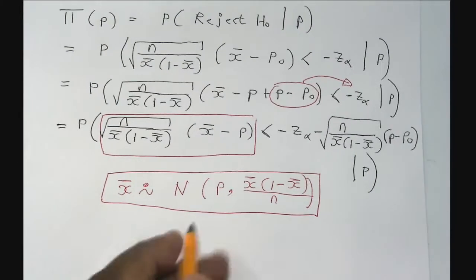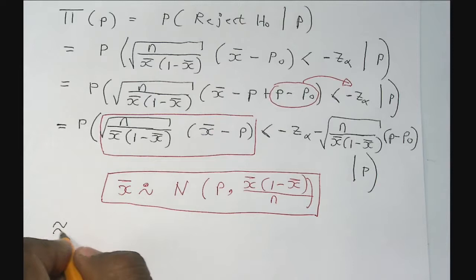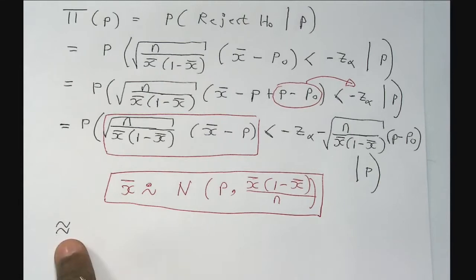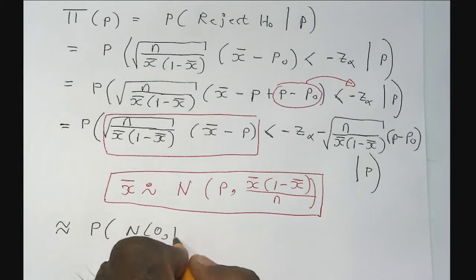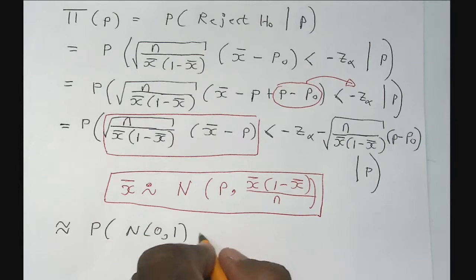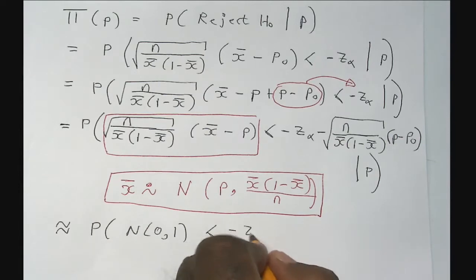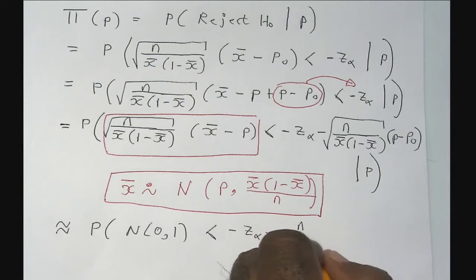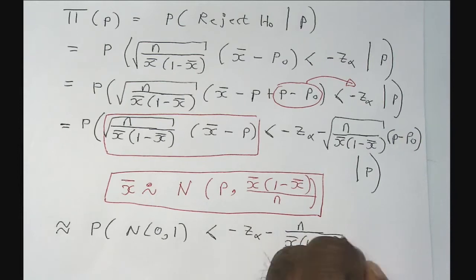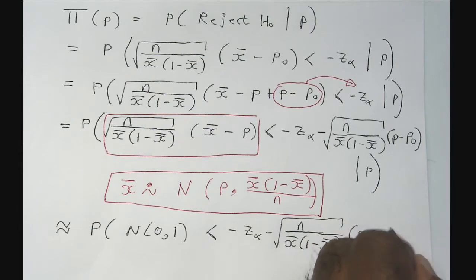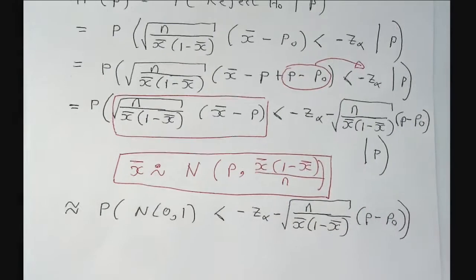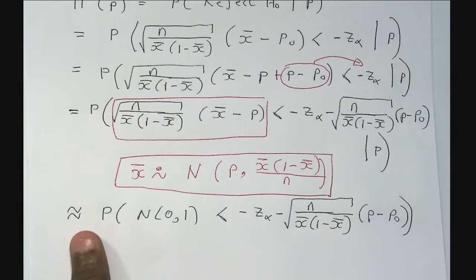So that means approximately equal to the probability that a standard normal variable is less than... Right. So you see I have used an approximation here, not the equal sign.